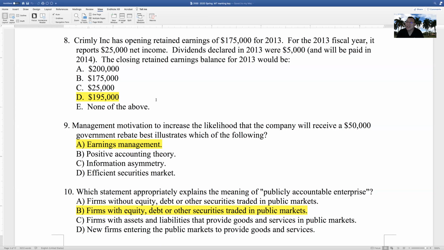This is the equation you should have learned from 2100, right? So closing equals opening plus net income minus dividend. So in this case, 175 plus 25 minus 5, we get 195.